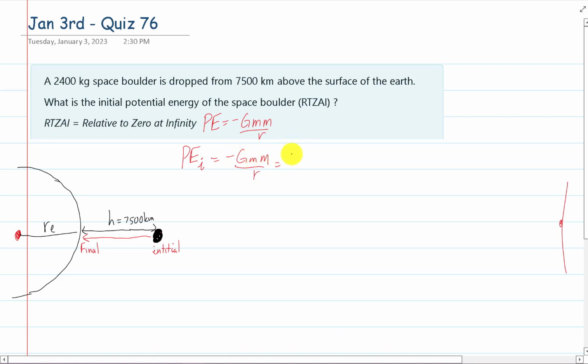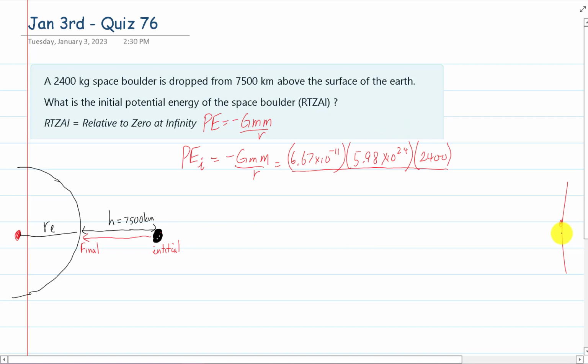That's going to be 6.67 times 10 to the negative 11th, the mass of the Earth is 5.98 times 10 to the 24th, and the mass of the object is 2,400 in kilograms. And the R here is the separation distance between these two objects, not infinity.